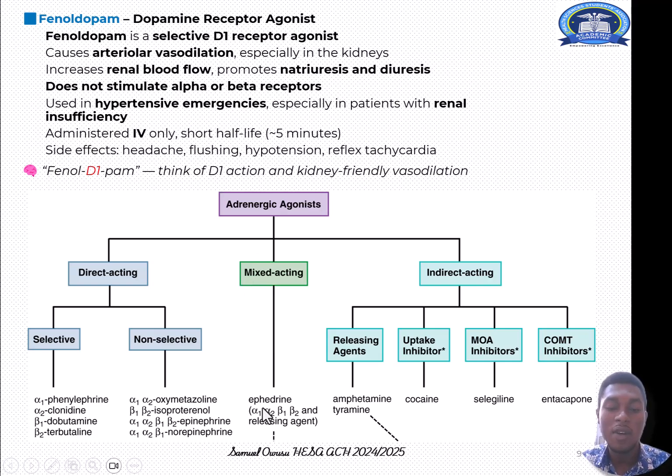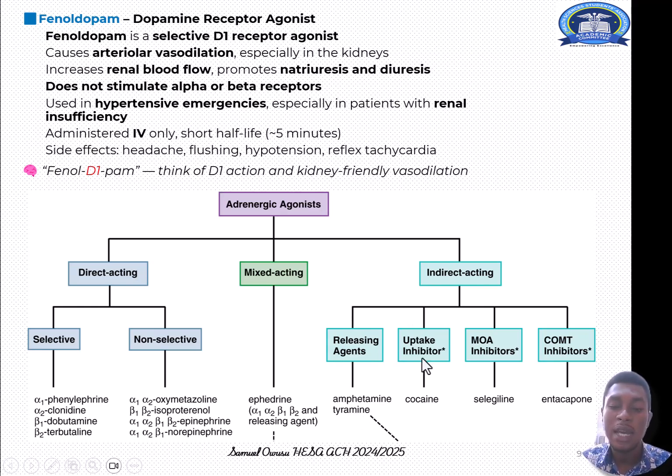Ephedrine binds to alpha 1, alpha 2, beta 1, beta 2, and is also a releasing agent. That differentiates ephedrine from epinephrine. Epinephrine is not a releasing agent, but ephedrine is a releasing agent. Take note of that. Then we have the indirect acting agents. The releasing agents, we have amphetamine and then tyramine, and I already told you about the tricyclic antidepressants, that they inhibit what?